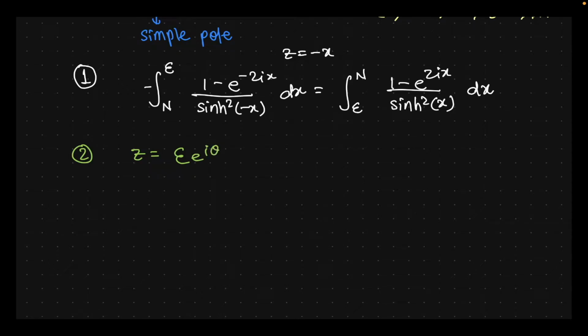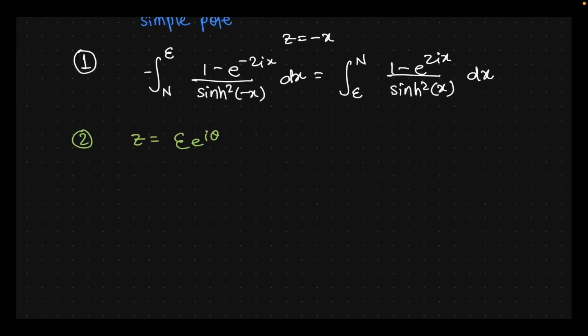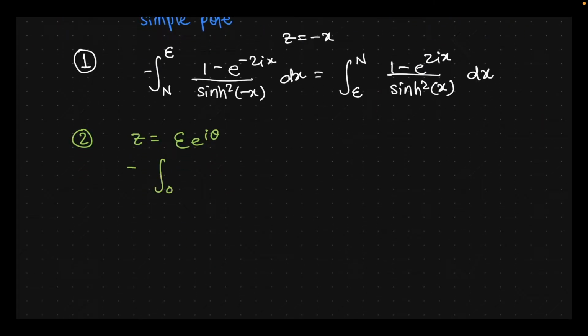But notice the orientation right here is clockwise, so we're going to have a minus sign, and we're going to go from 0 to pi, 1 minus e to the 2i epsilon e to the i theta. I'm going as slow as possible. I don't want to lose anyone. This solution is elegant, and I want everyone to appreciate the beauty as I have.